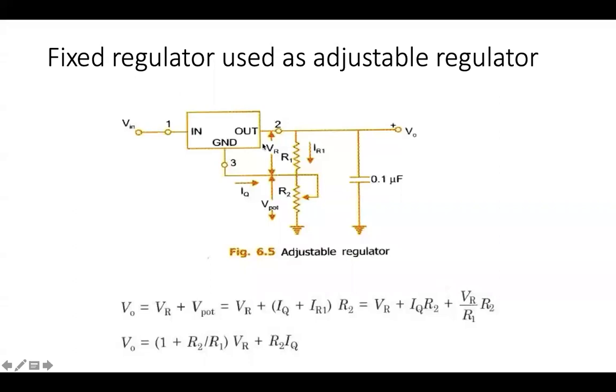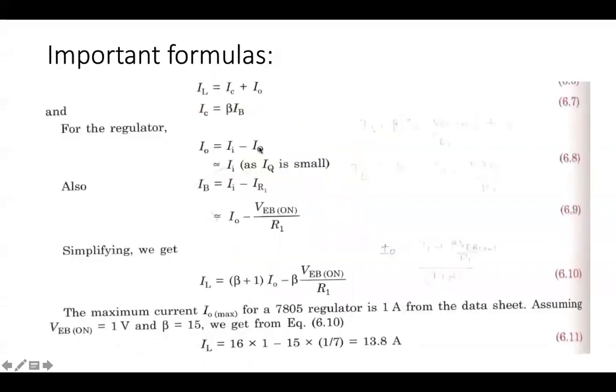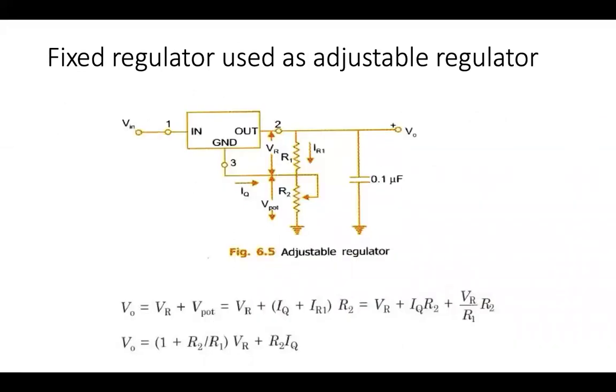Now, the same thing is used here. The regulator 7805, in a different configuration. So I'm using a movable resistor here, and I'm going to use a capacitor at the output, which is 0.1 microfarad.